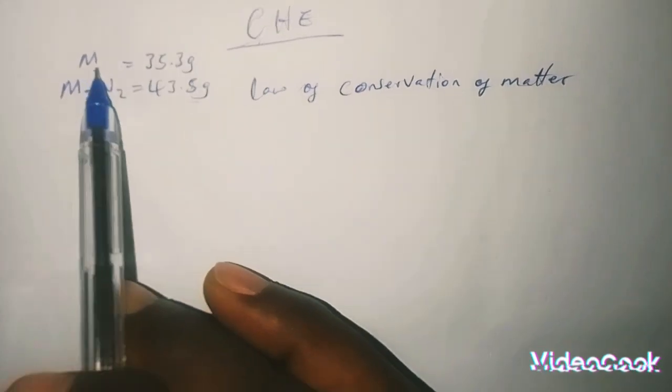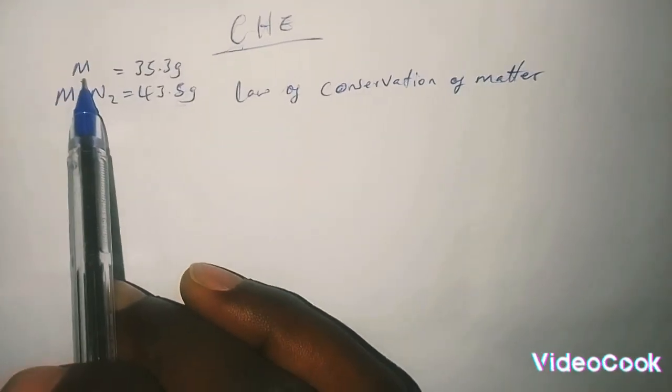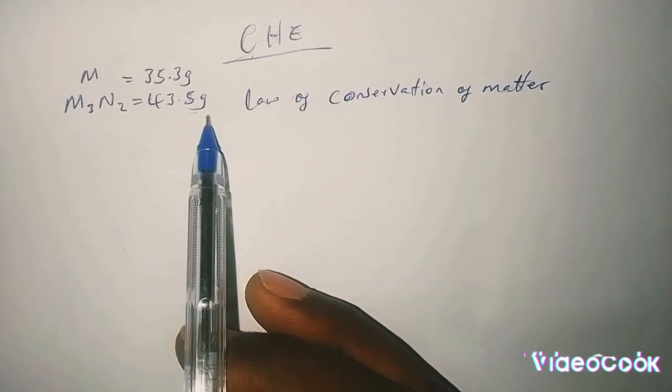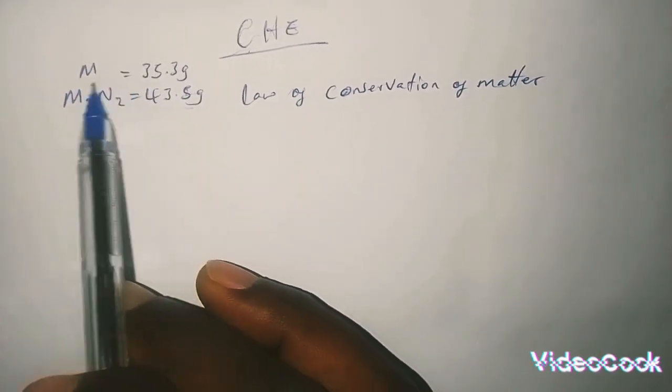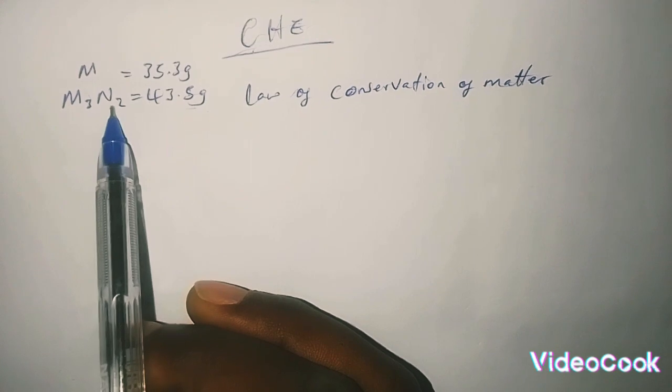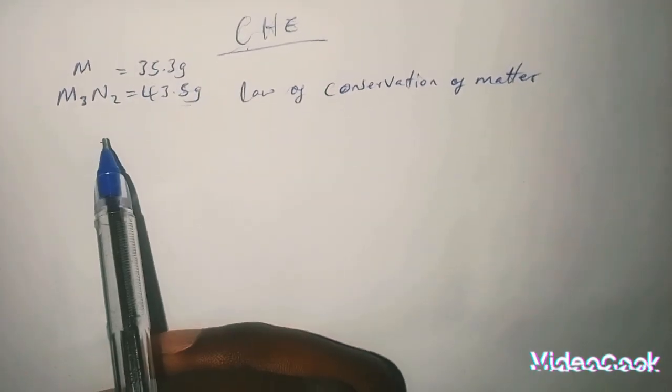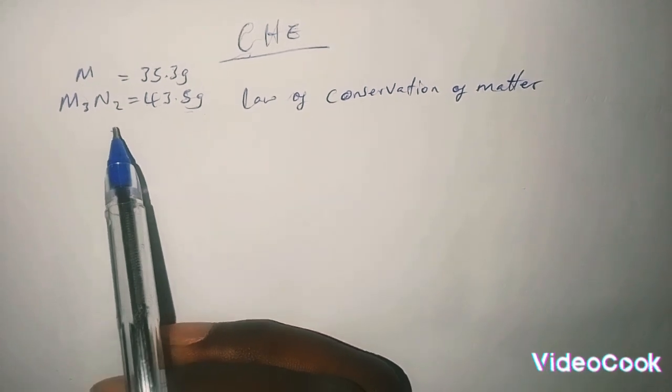It means that the mass of element M plus the mass of nitrogen is what produced this. Since we have the mass of M, for us to know the mass of nitrogen, we can just subtract M from this total, and what will remain is the value of nitrogen.